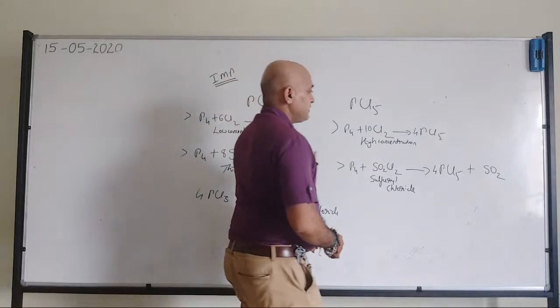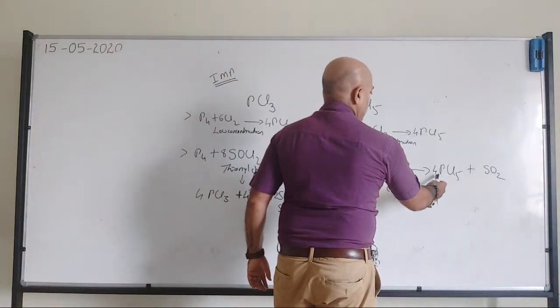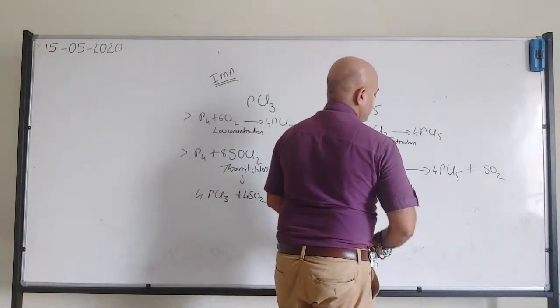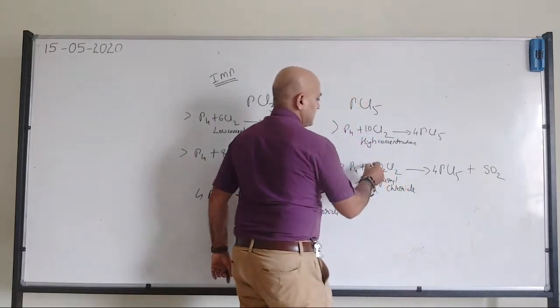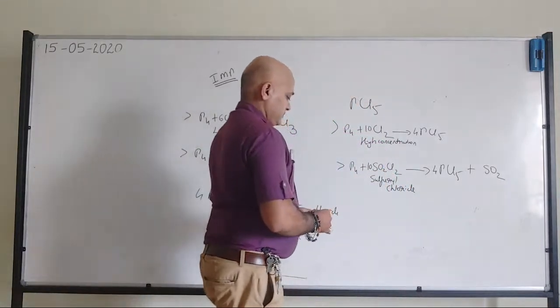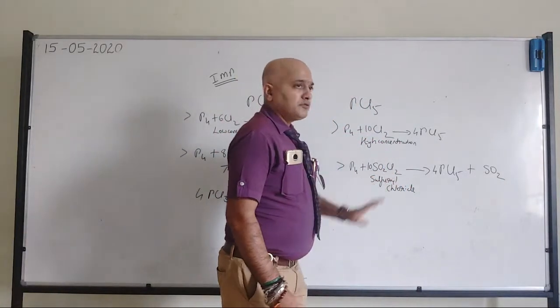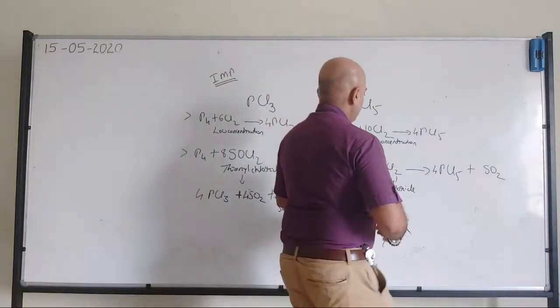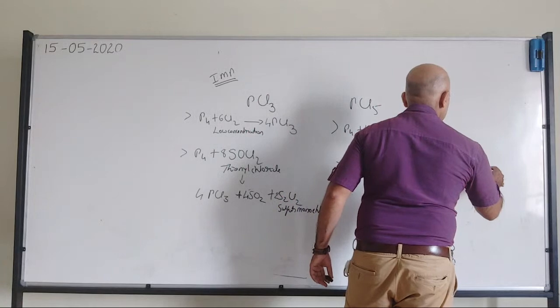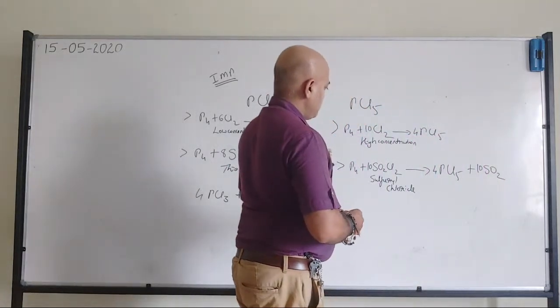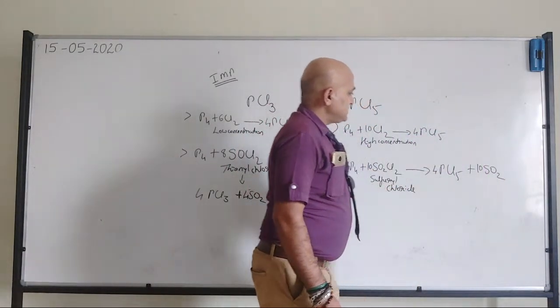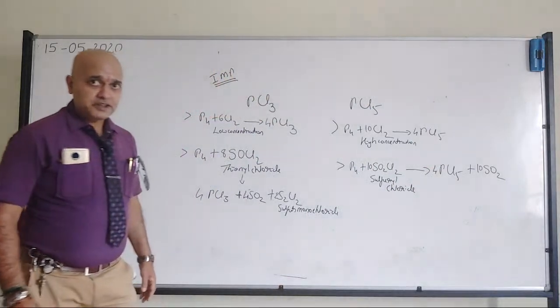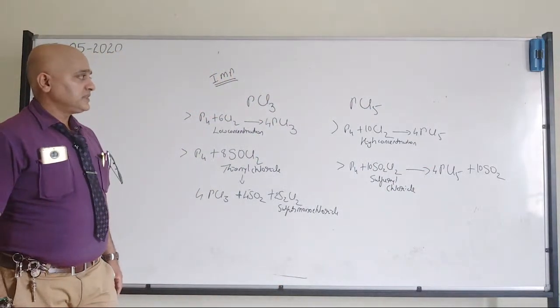So 4 5s are 20, so here I should make it 10, because 10 2s are 20, to balance chlorine. Sulfur here should be written as 10, then 10 SO2. Done. This equation is balanced.